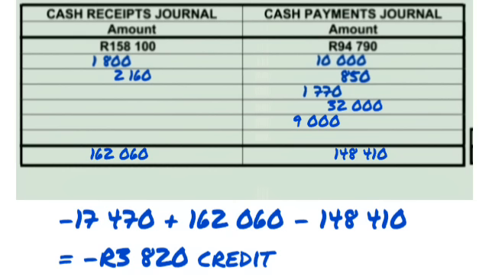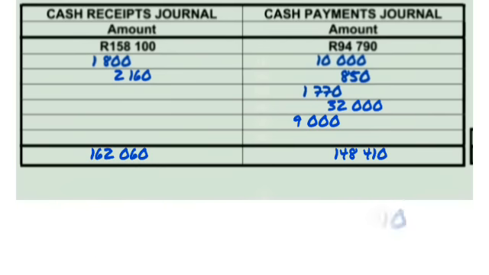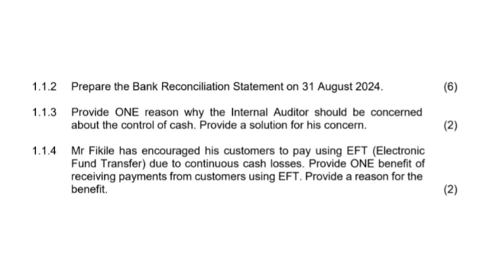We are going to plus our 162,060 because that was our new total for CRJ, and then minus the new total for CPJ, which was 148,410, and it gives us minus 3,820 on the credit. The minus always means it goes on the credit.